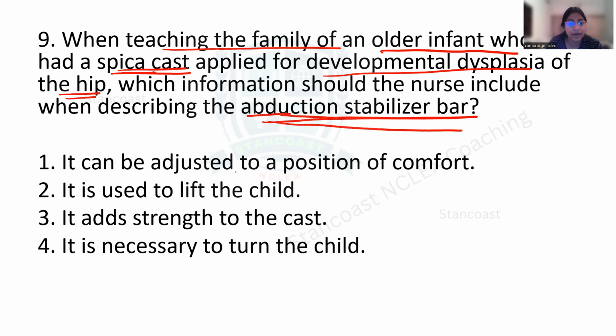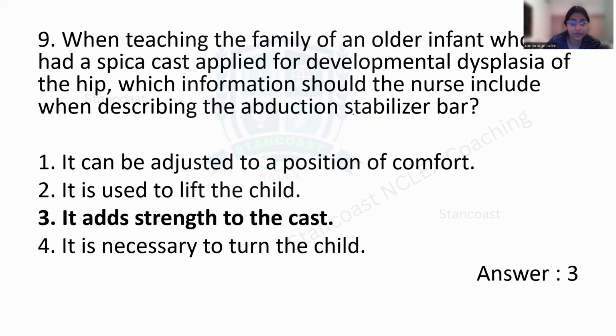First, it can be adjusted to a position of comfort. Option 2, it is used to lift the child. Option 3, it adds strength to the cast. Option 4, it is necessary to turn the child. To choose the correct option, we have to know the purpose of the abduction stabilizer bar.